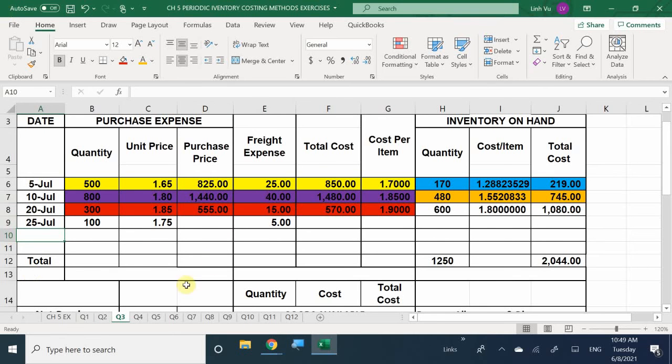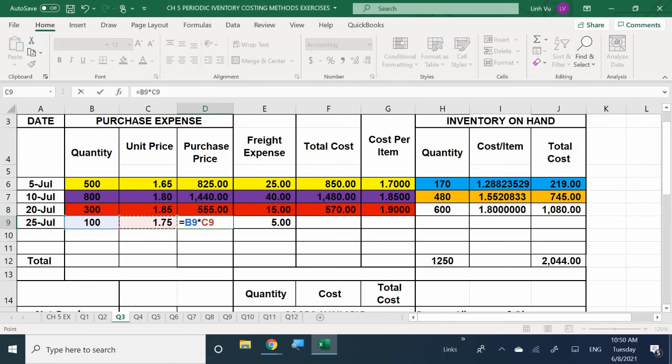Okay. So what's my purchase price going to be here? $175. Good. Plus $5. $180. That will bring my cost per item to be $1.80.